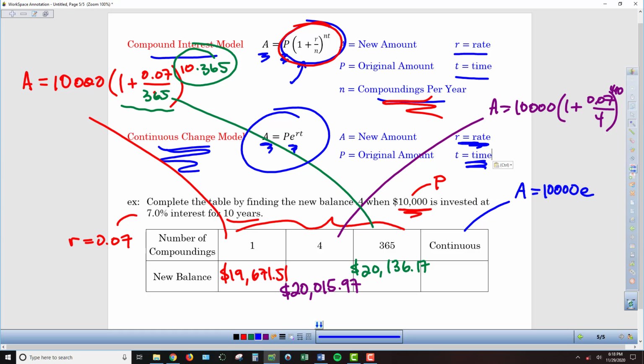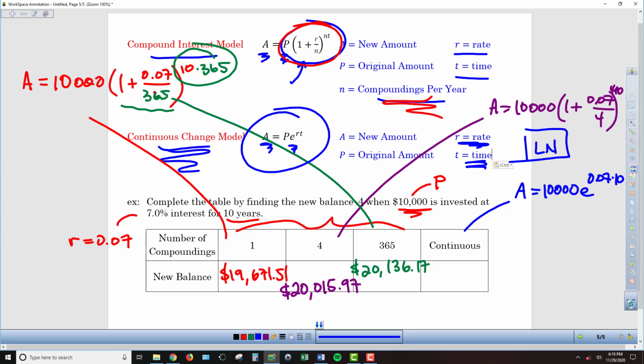E is this natural base, so you're going to have to use the E button on your calculator. Depending on what type of calculator you have, it may be a primary button or it may be a second function above the LN key, which we'll talk about in the future. But now R in this case is going to be our 0.07, and then times T. So T is for 10 years.